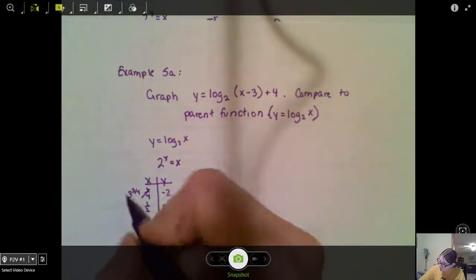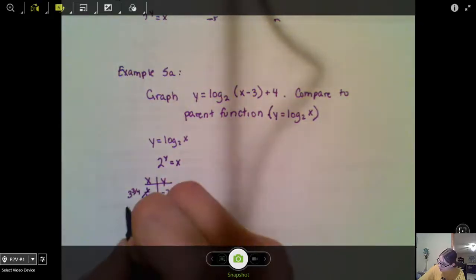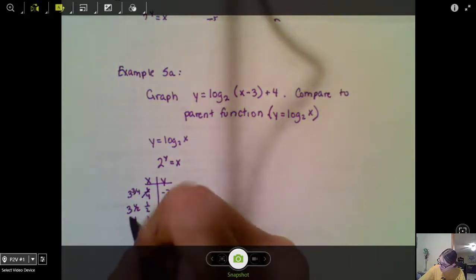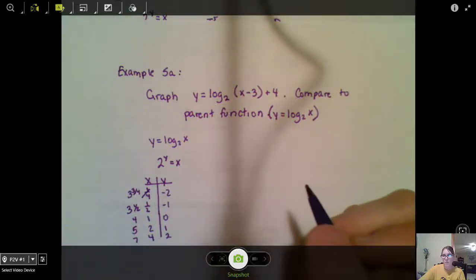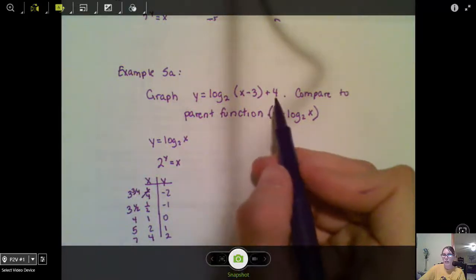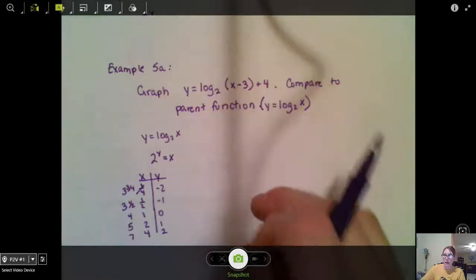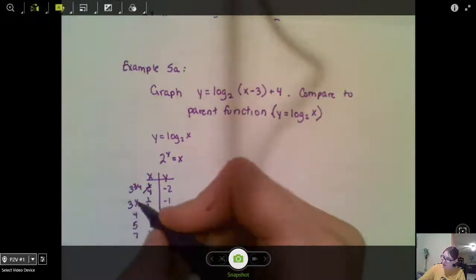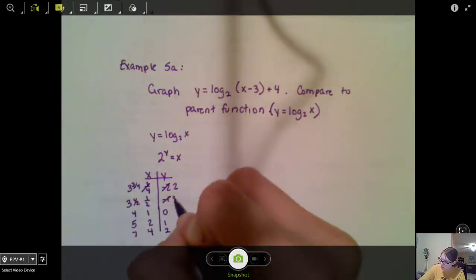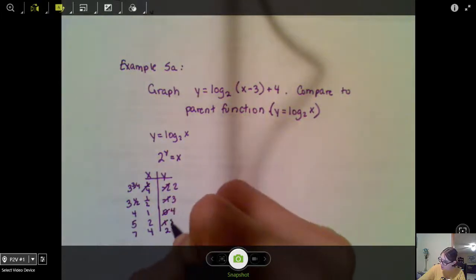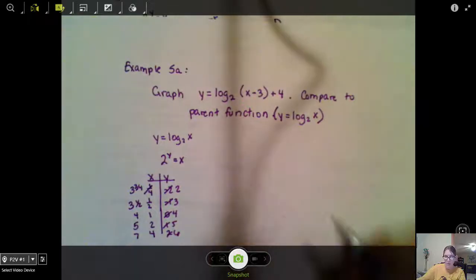This is 3 1/4, 3 1/2, 4, 5, and 7. That plus 4 at the end, that's translating our graph up. Which of x or y values? Add 4 to each of them. And then we can plot these points.